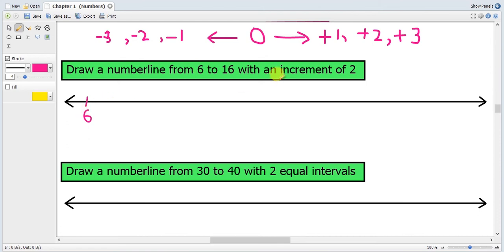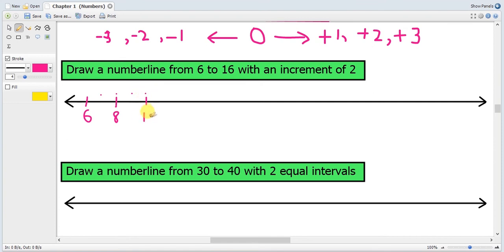So here is 6. Now with an increment of 2. If you add 2 or put 2 dots, after 6 there is 7, and after 7 there is 8. So we have to land on the second dot, since there is a skipping of 2. So what number have we landed on? 8, right? And then again skip 1 and land on the second dot.